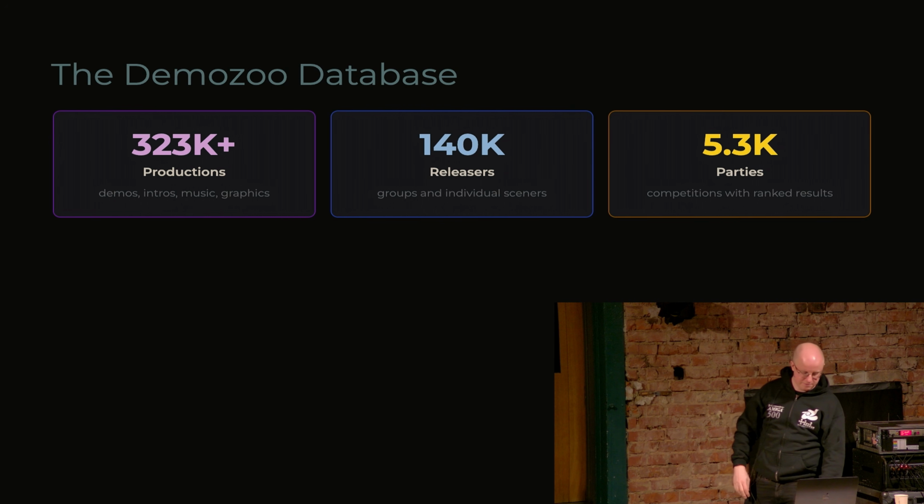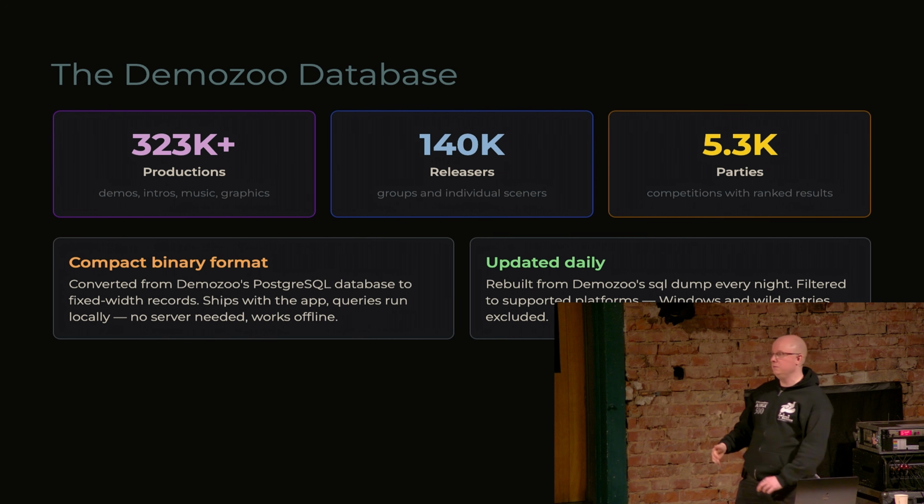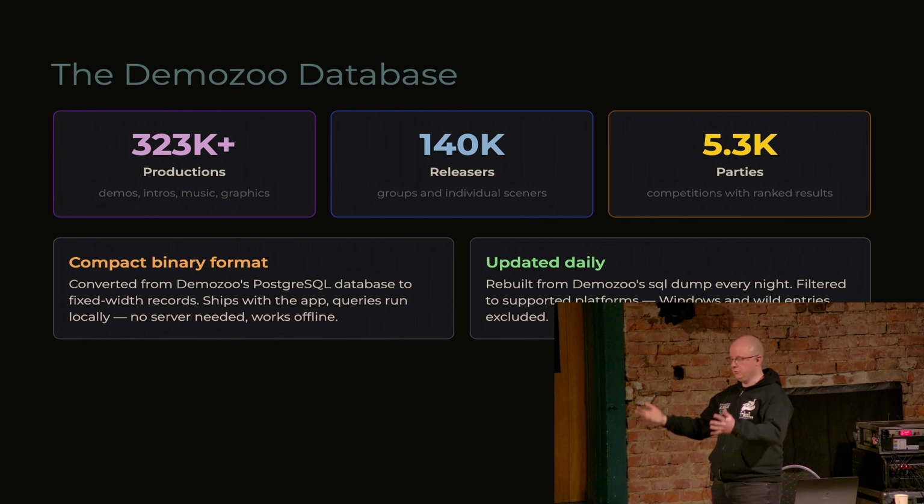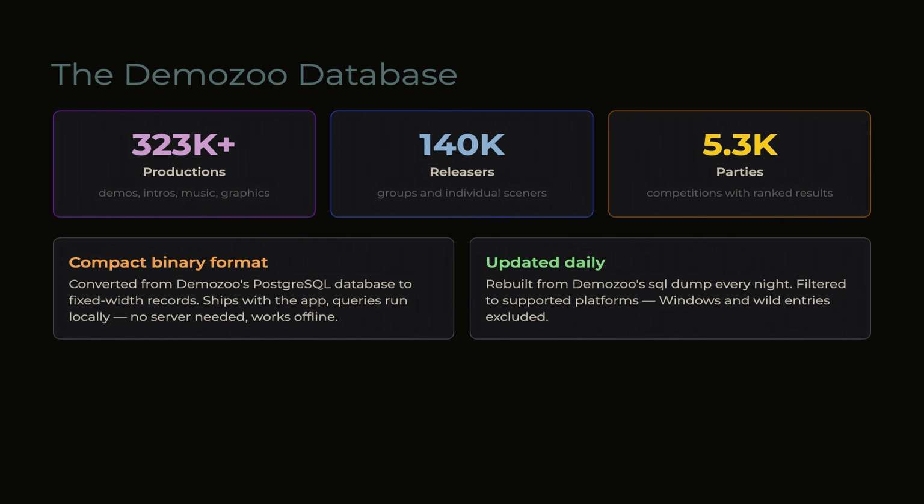And the important thing then is how you take this data and make it fit into memory. Even if we have a bunch of gigs on this device, you still want it to be as small as possible. So what I do is take the Demozoo Postgres database and convert it to a binary format instead. I load it up and then build a bunch of lookup tables to make sorting much faster.